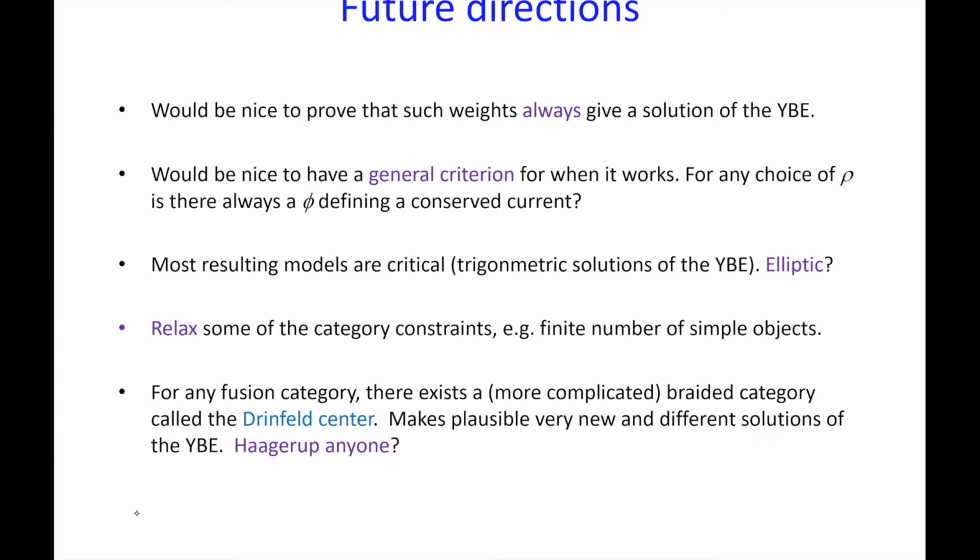Well, no, I'm not saying it's the same. My hope is that all the trigonometric solutions of Yang-Baxter we know have something to do with a braided category, whether you like it or not, because they have something to do with the quantum group. I'm saying I believe that for all of these cases, I can find this conserved current for the identical choice of Boltzmann weights.